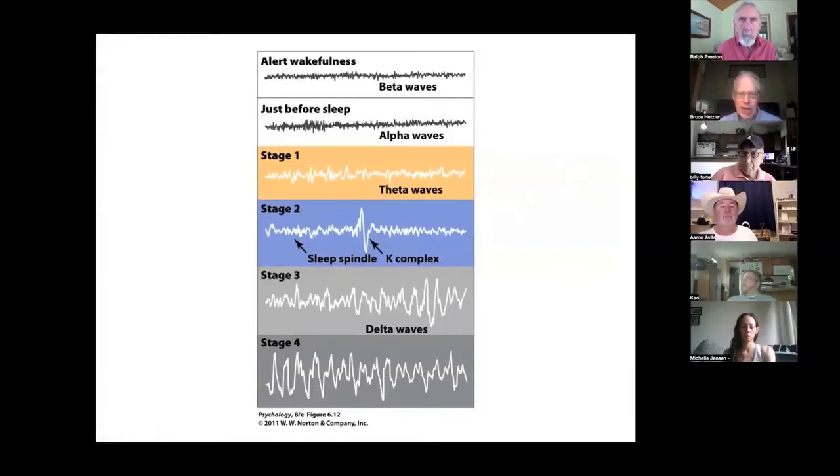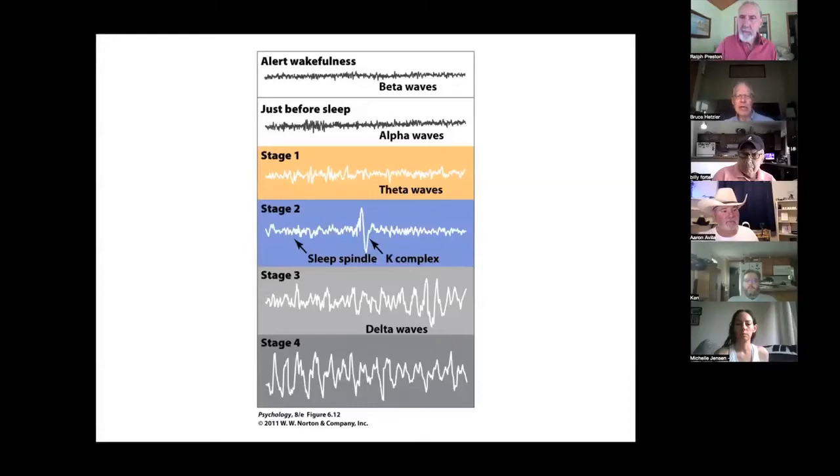When you're awake, alert, paying attention, which hopefully you're all doing now. Now, if you close your eyes and aren't thinking of anything, then you have alpha waves. And they're slower and larger.